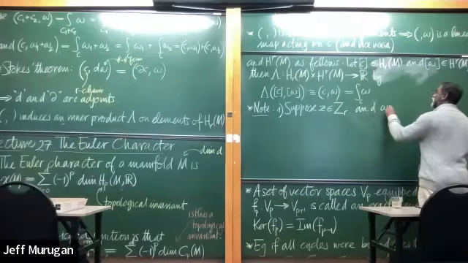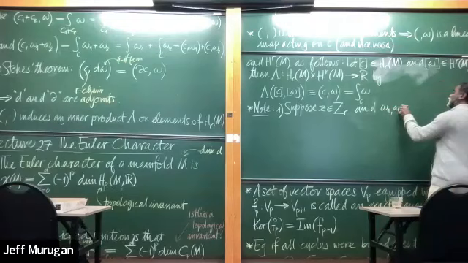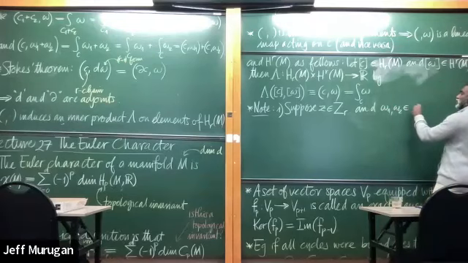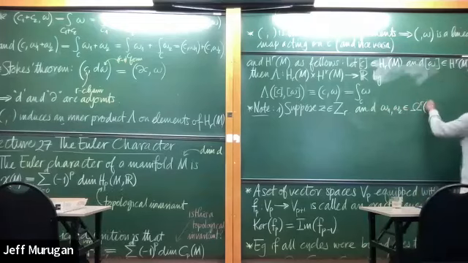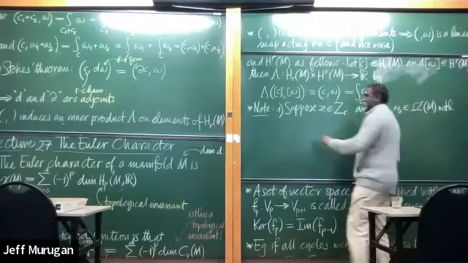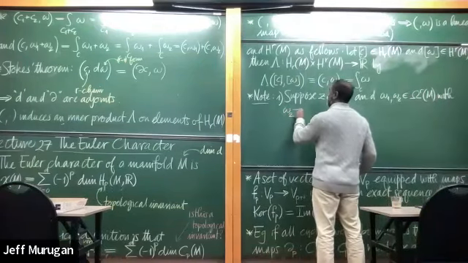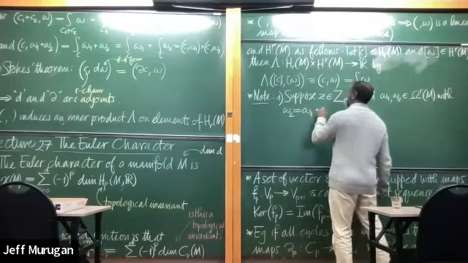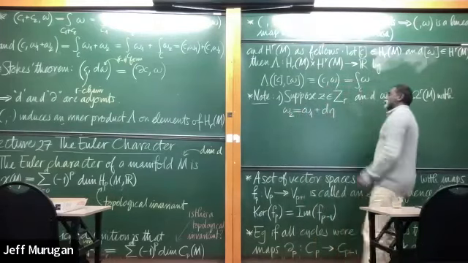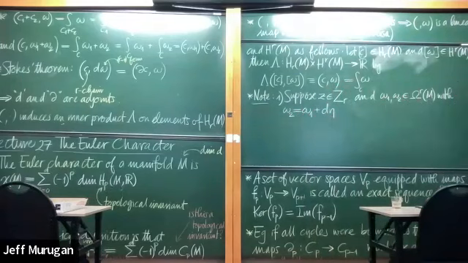That is, they satisfy that omega 2 is omega 1 plus d of some r minus 1 form, eta. So the difference is just some exact form.